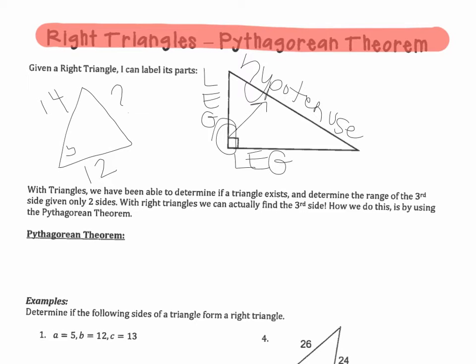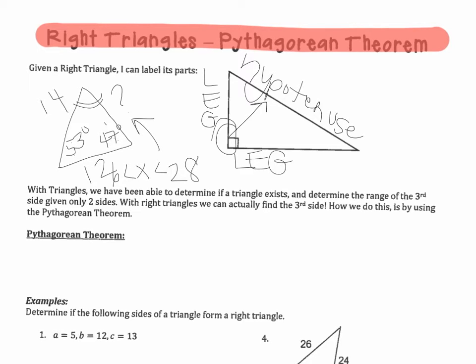If I gave you angle measures, 53 degrees and 47 degrees, I could figure out this third angle because all angles in a triangle add up to equal 180 degrees. So it's really nice when you have a triangle with angles, you can figure out the third angle. But if I give you two sides of a triangle, you can't figure out the third side of the triangle. Okay? I can only determine the possible range. I could say, well, it has to be between 6 and 28. Anywhere between 6 and 28 would make this triangle exist. However, I don't know the exact number it could be.